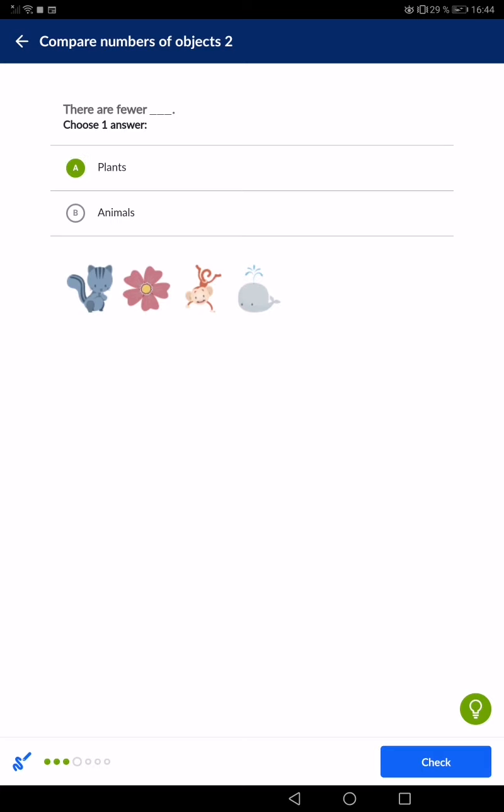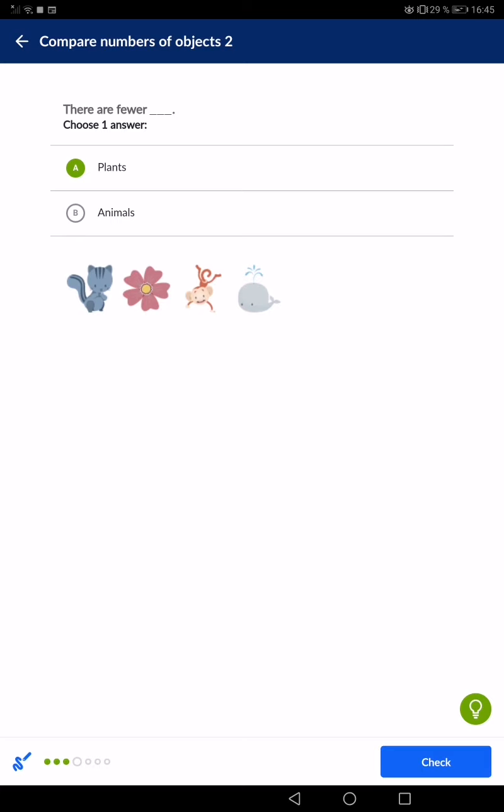But I mean, it's better to ask for a difference, right? Or ask for how many plants are there? 1. How many animals are there? 3. What is the difference between them? It's 2. What does it mean 2? What does the difference mean? The difference means that there's more of something by exactly 2 and less of something by exactly 2, right?